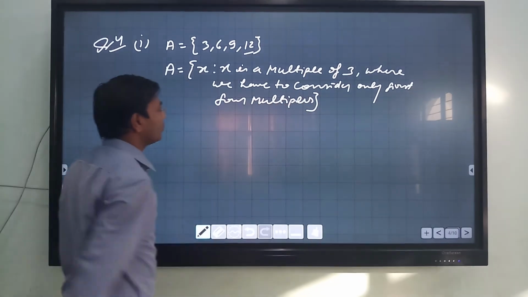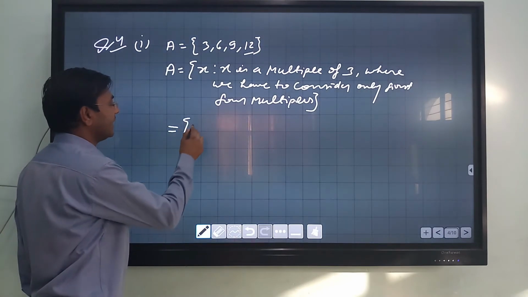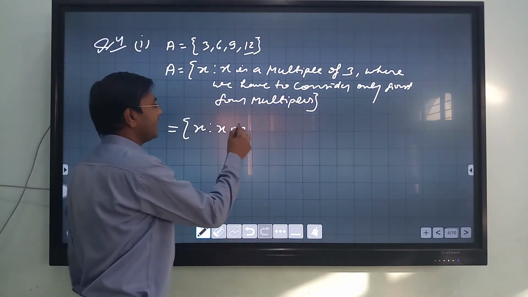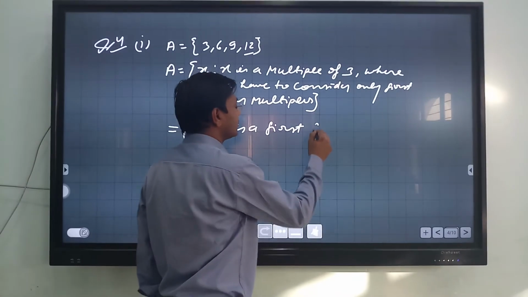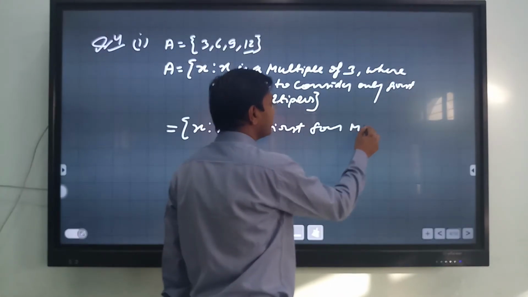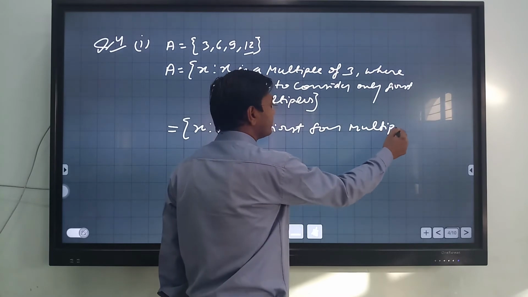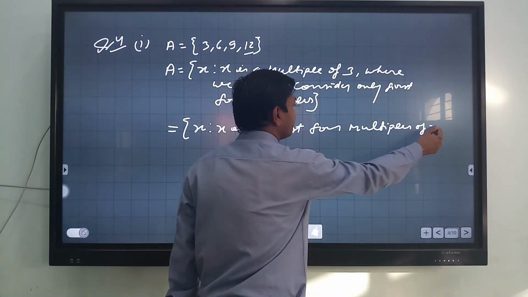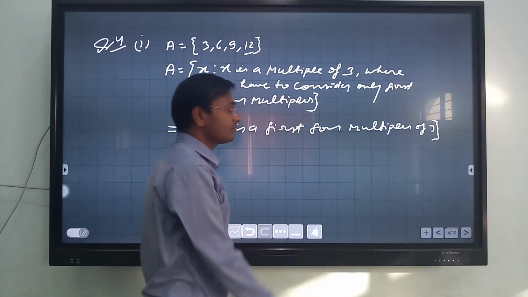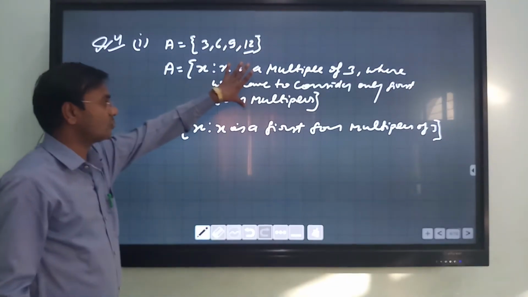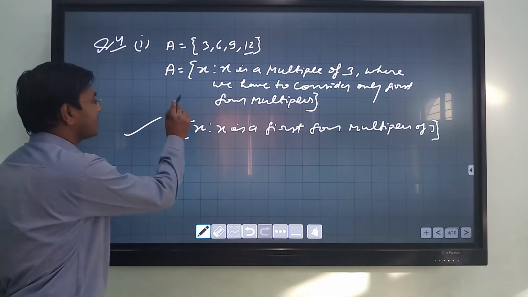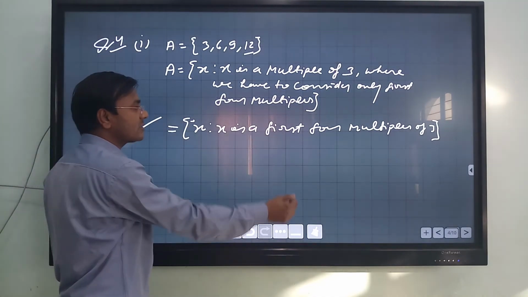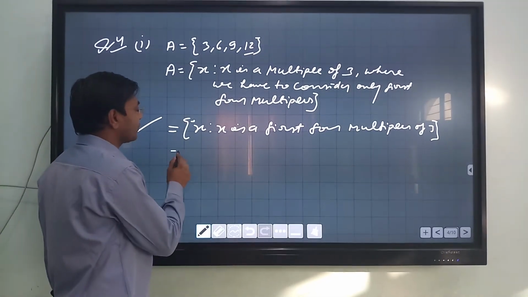Right? So you can write in short that x is such that x is the first 4 multiples of 3. Combining these two things because these are relevant to this. So finally the answer is x is such that x is the first 4 multiples of 3.